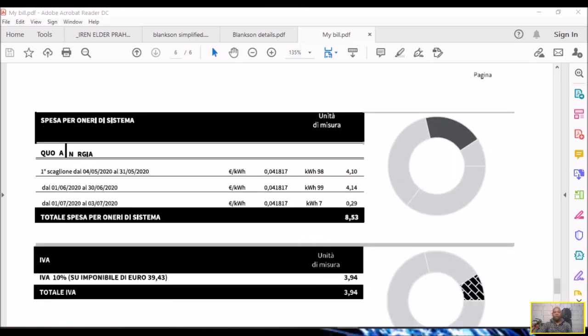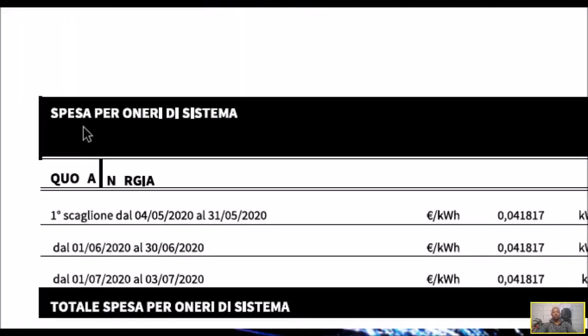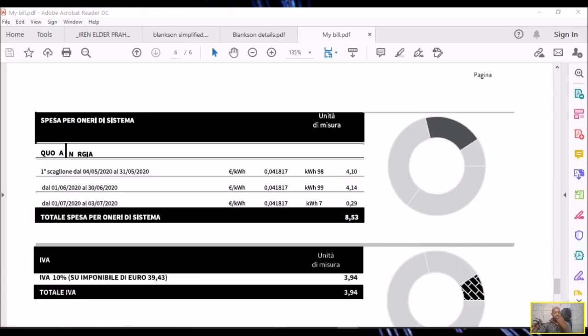When we come down a bit, we will find spesa per oneri di sistema. In this case, this is also decided by the government, not the company. And the amount you are paying per kilowatt hour is 0.042 if you round it up.